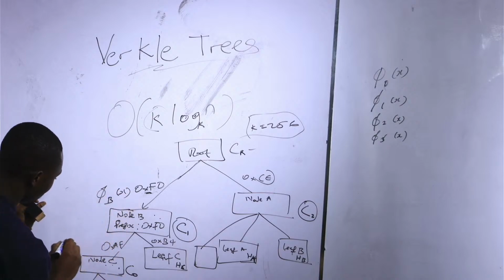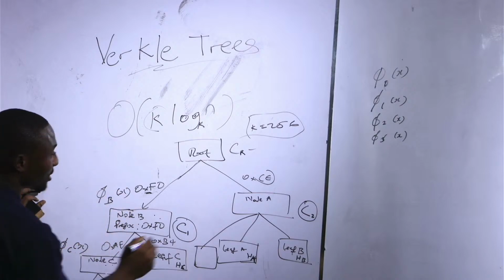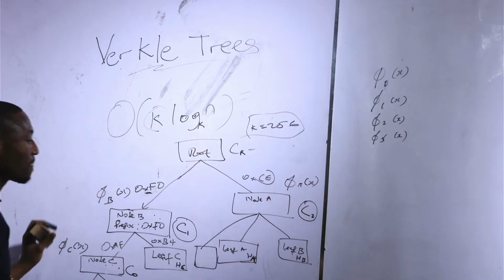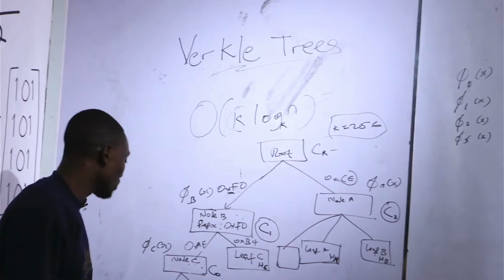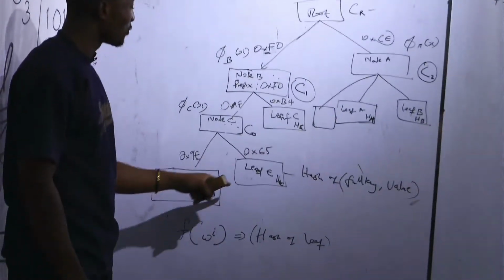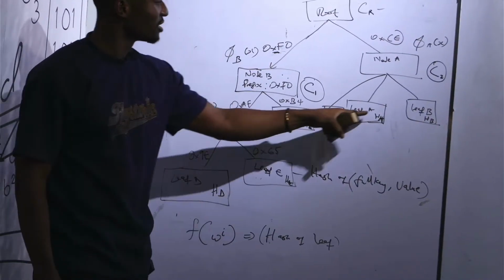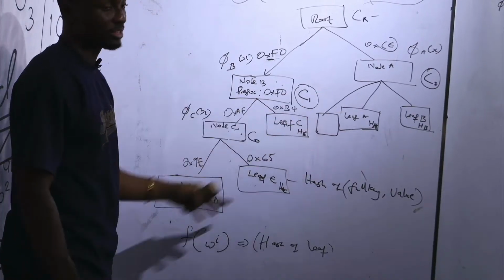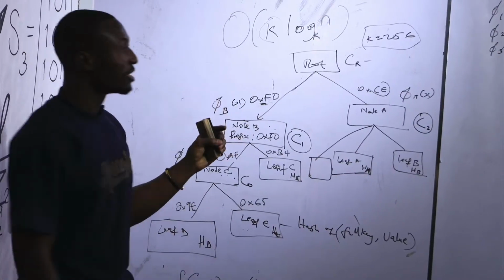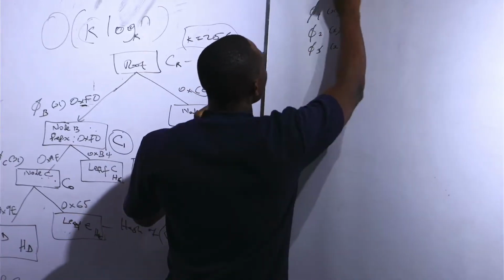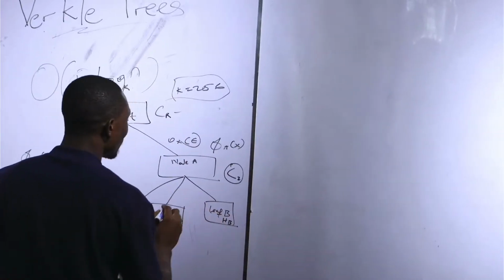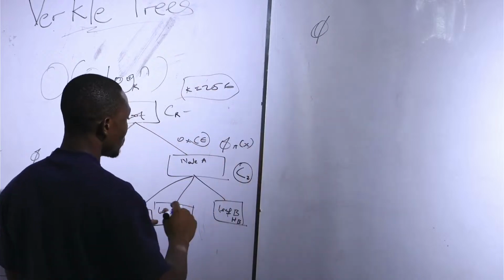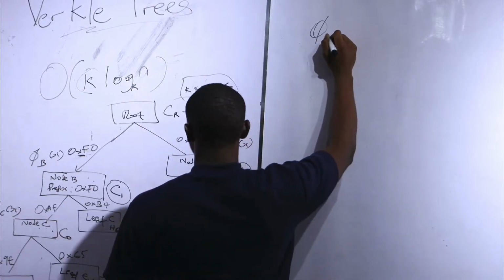And let's say we want proofs for all these leaves. We want to generate a proof for all those leaves. So now we have phi, like what's A?